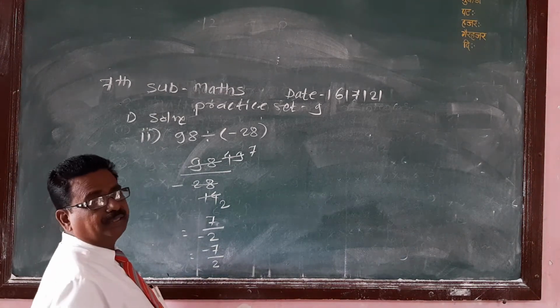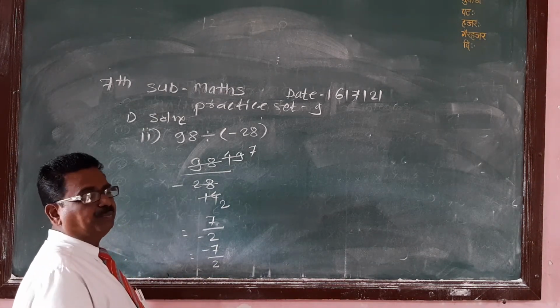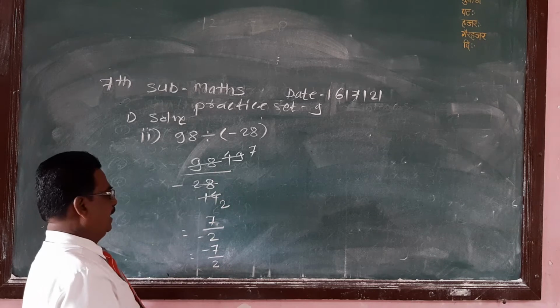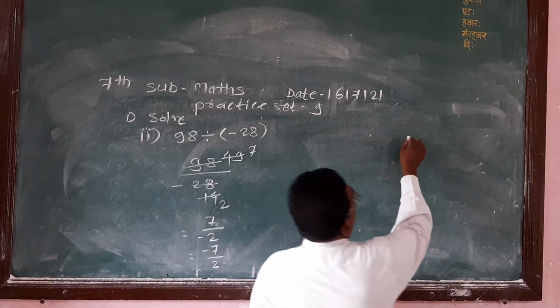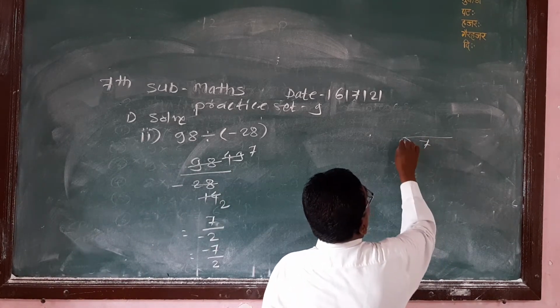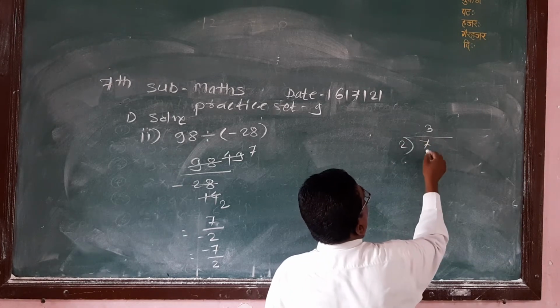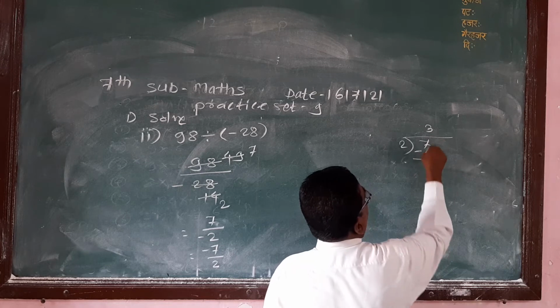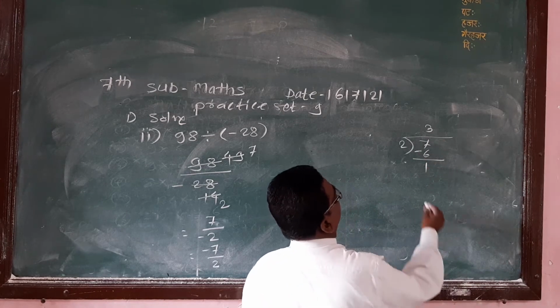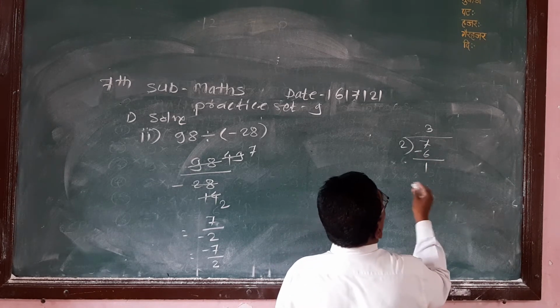Then we will write, if we want to go ahead, 7 divided by 2: 2 threes are 6, remaining 1.